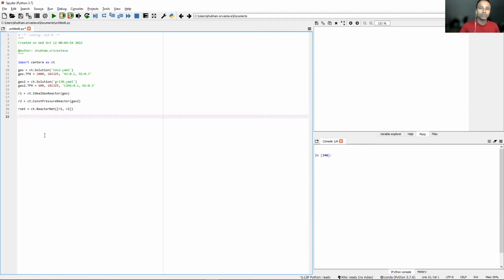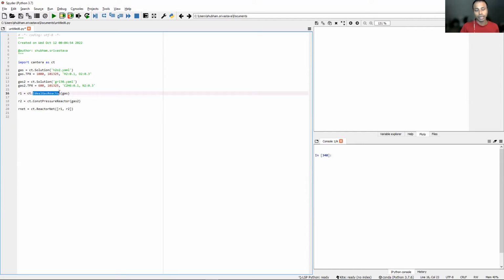Now, how to step in time and what are the functionalities of ReactorNet, all of that, we will look at in the next lecture. But for now, what you have to understand is there will be a reactor definition needed in every kinetics script in Cantera. So this is a standard line. The reactor, however, can change.